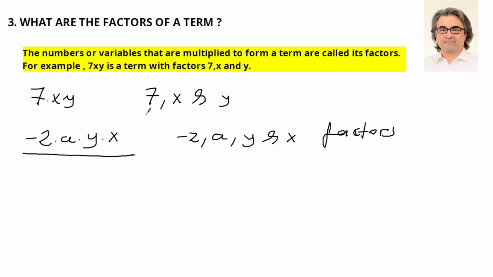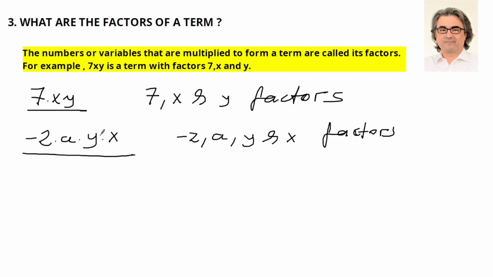In the first example, 7, x, and y are the factors of this algebraic expression. It's to be noted here that terms add up to form the expression.